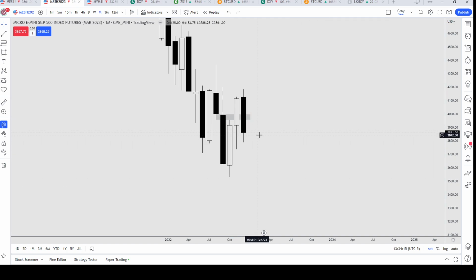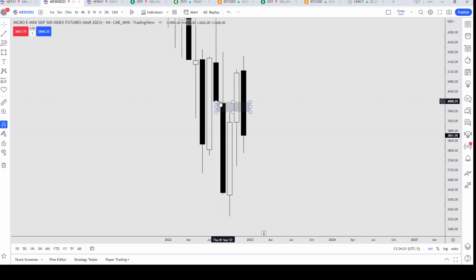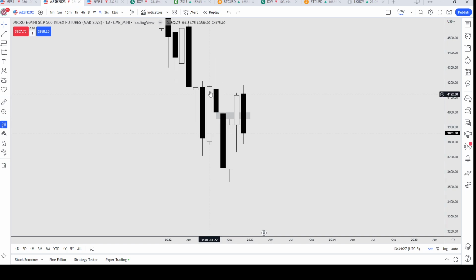And in the middle there's this little gap down here. See this gap? Coming down, price created this gap and it traded through and came back down, closing below this gap.